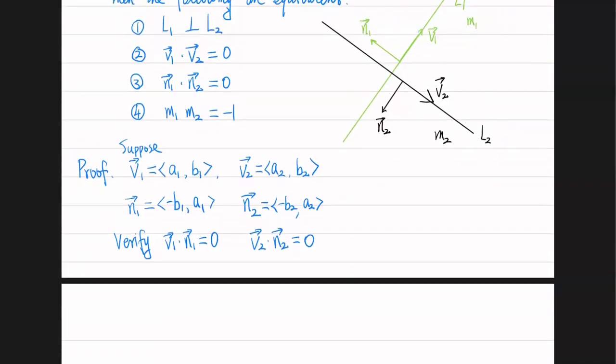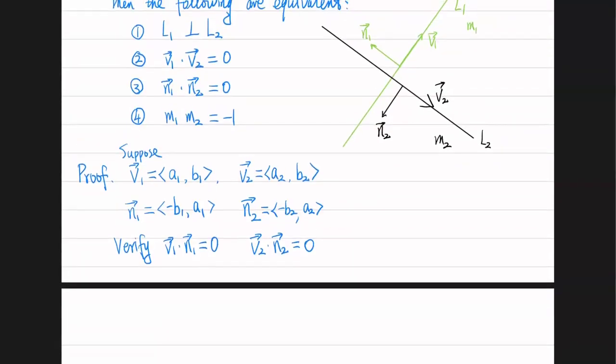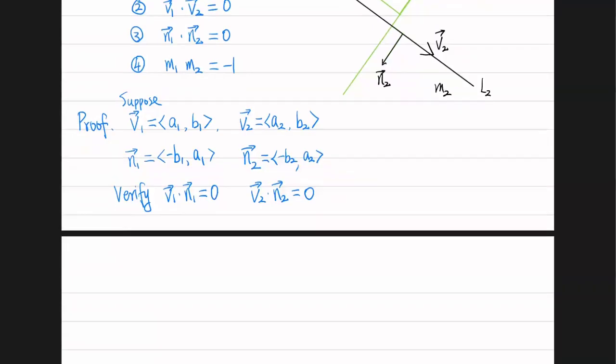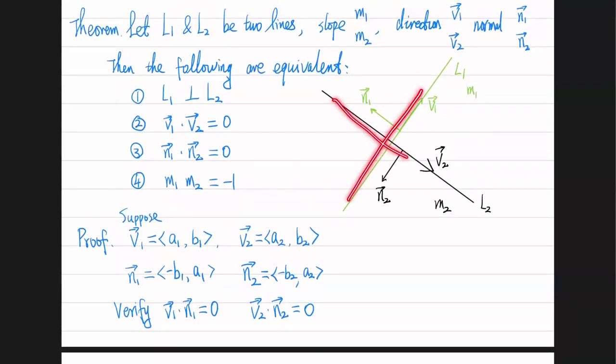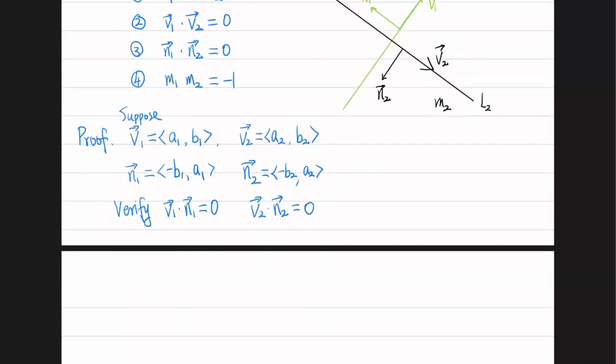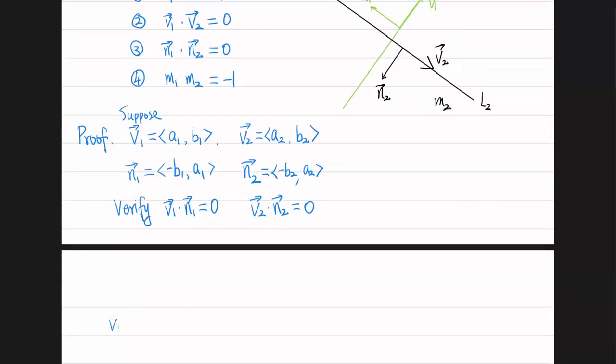Now we will prove. Two lines are perpendicular when the two directions are perpendicular. So this is the kind of geometry. They are perpendicular. The two vectors are also perpendicular. Okay, what does this mean?